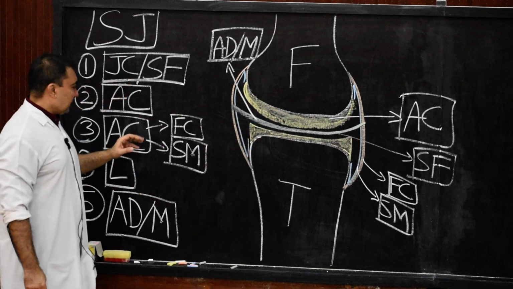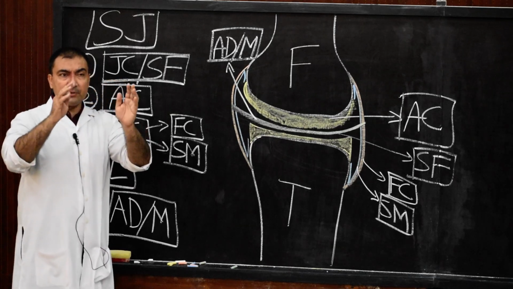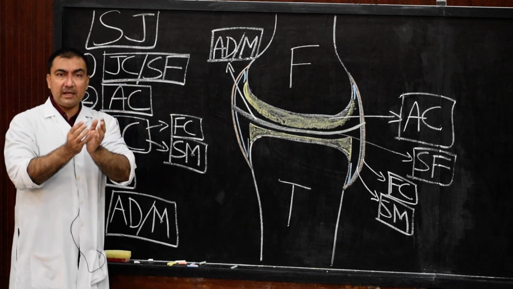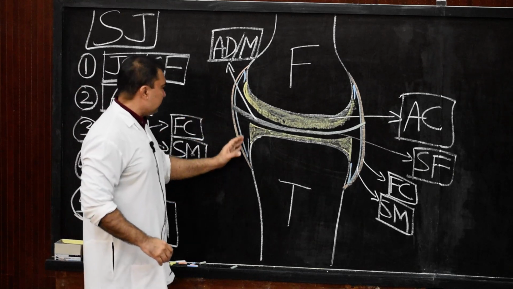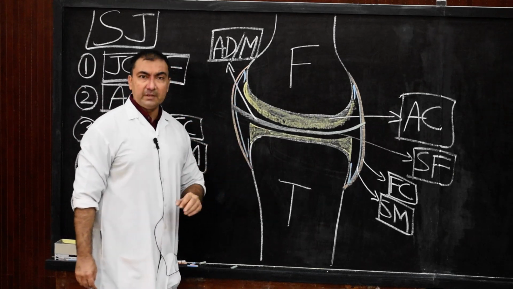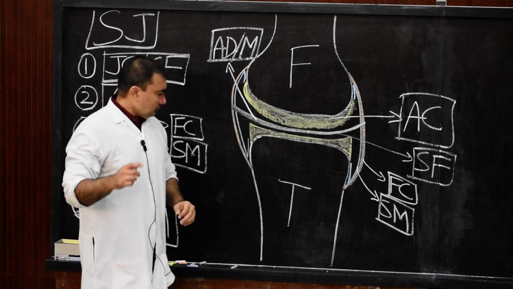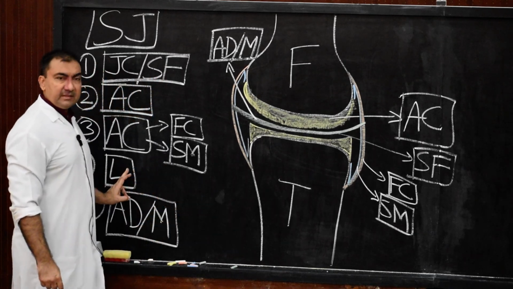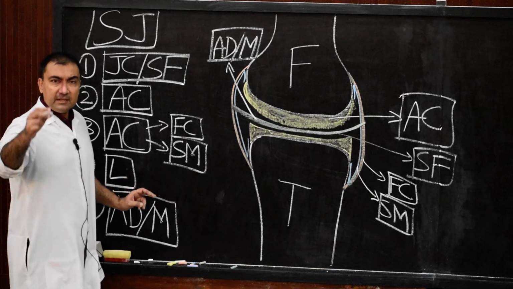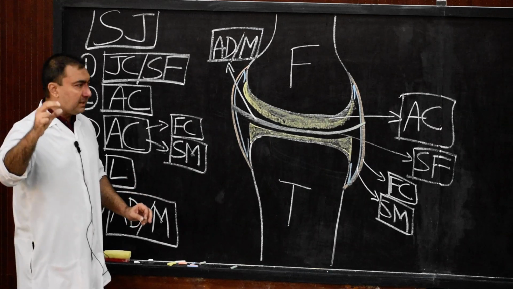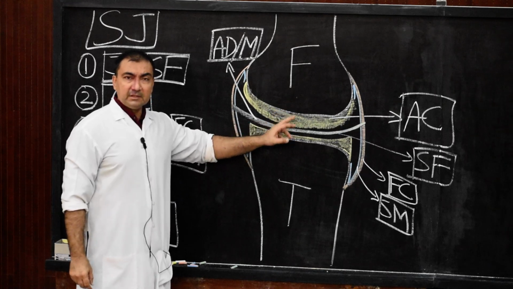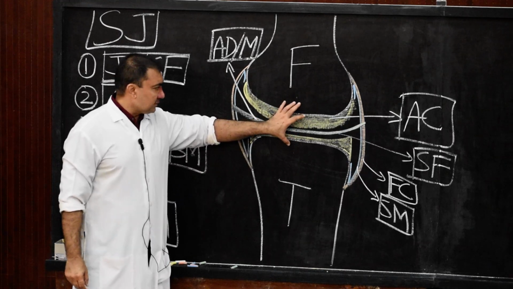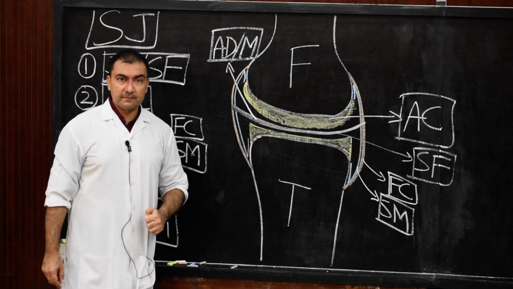Number three, the entire synovial joint is covered by an articular capsule, and this articular capsule is divided into an outer fibrous and an inner synovial membrane. Then we will have the presence of ligaments. There will be certain ligaments which will connect the articulating ends of the bones which form the synovial joint.